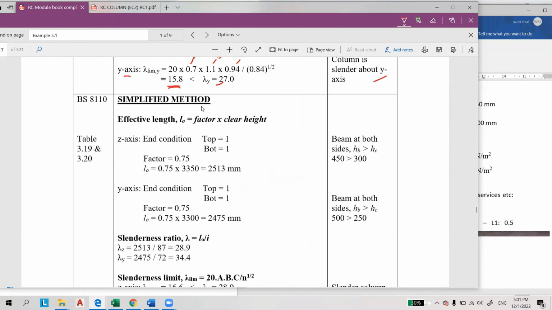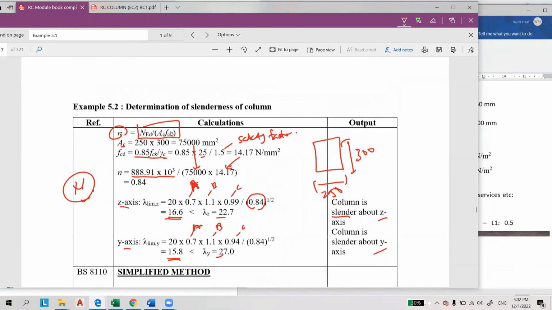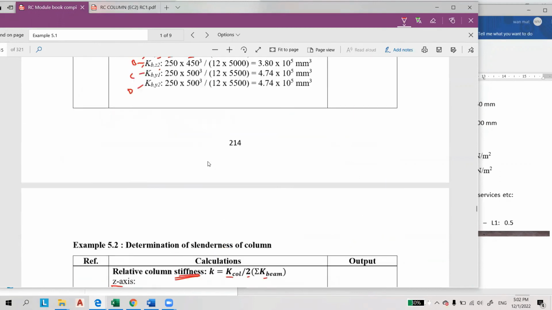However, you are allowed to use the simplified method. From this table you can just use the coefficient. For your project I think you better use this method.